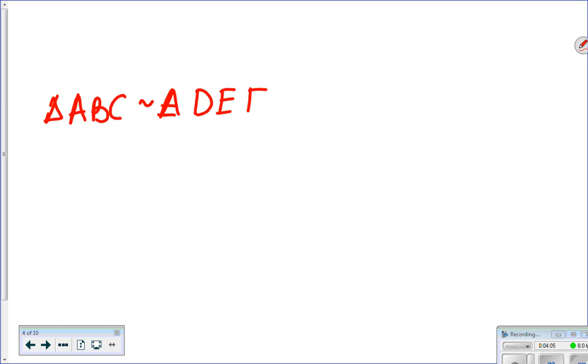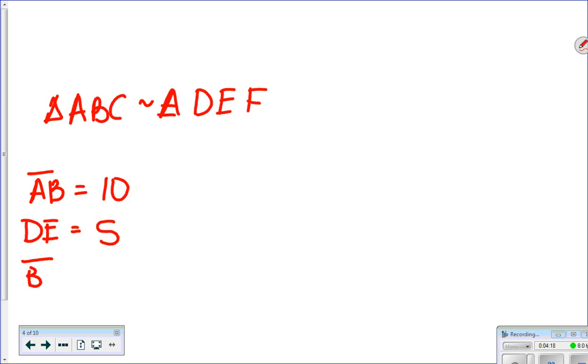And then they're going to say, okay, side length AB is 10, side length DE is 5, side length BC is 2. Well, what's side length EF? And they might say, oh my gosh, I don't know how to do that. Here's what you need to do.